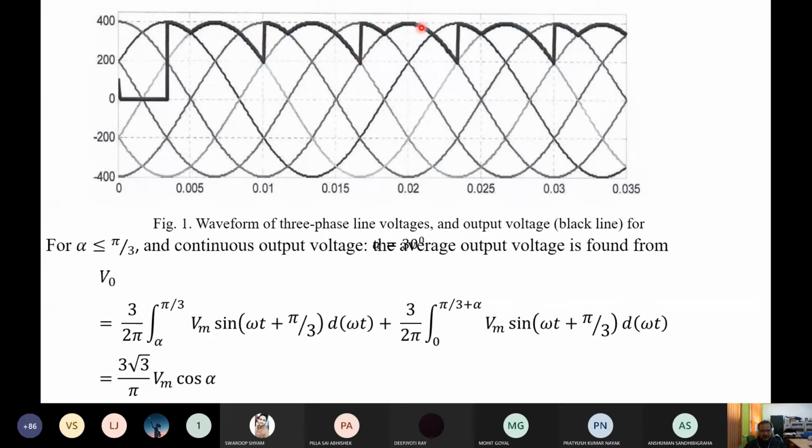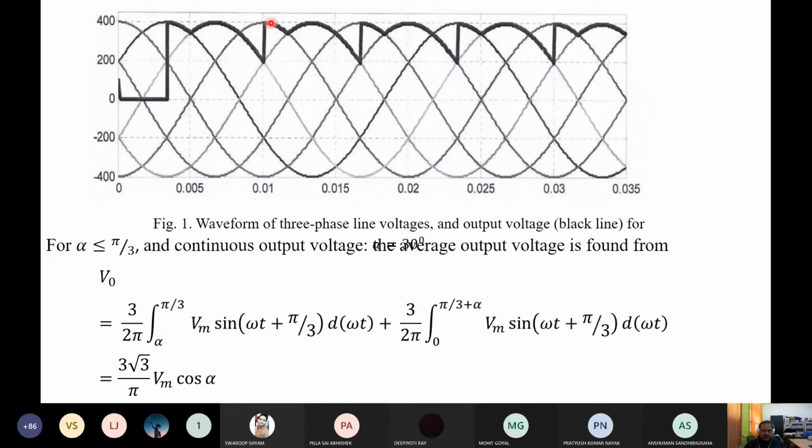S1, S2, S3, S1, S2, and S3. So there are two types of waveform you can see here. One where there is a cut, and here there is no cut.